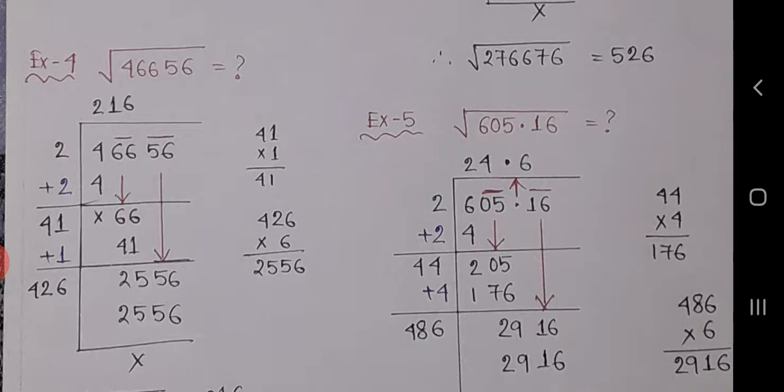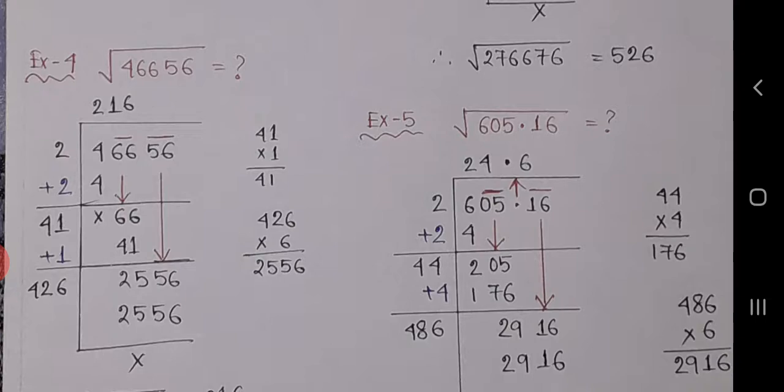Next we bring down the second pair 66 and have to find the magical number. Here it is 1, so we write 1 on both the above and beside 4. 41 ones are 41, and again adding this we get 42 and subtracting 41 from 66 we get 25.